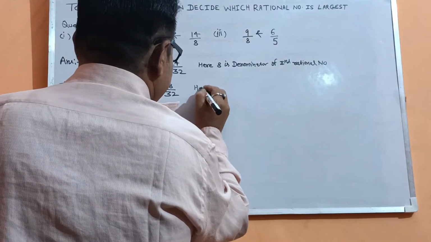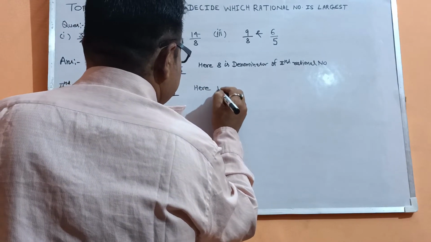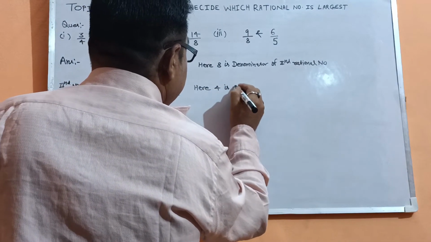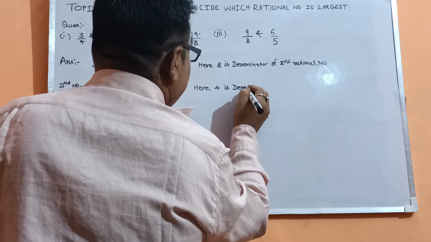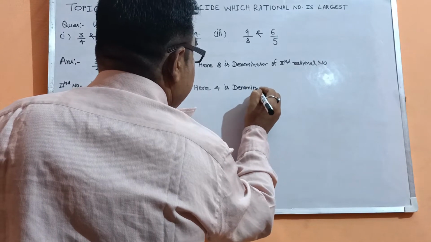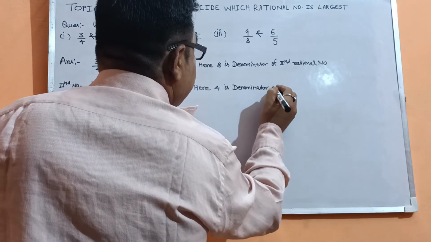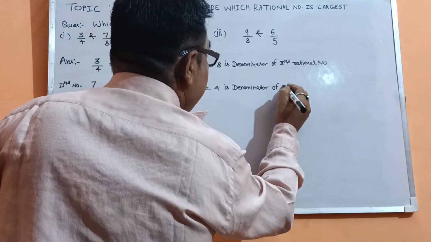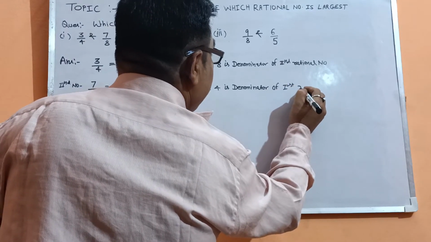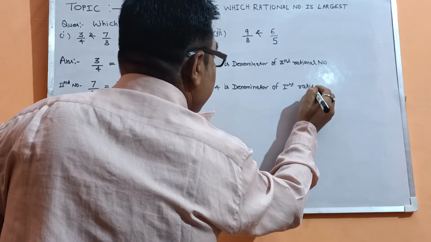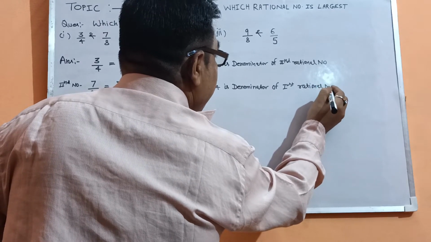Here 4 is the denominator of the first rational number.